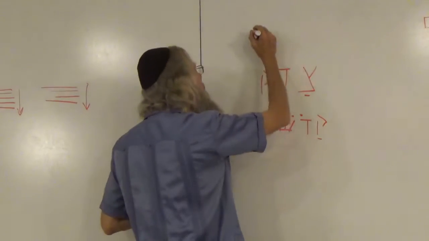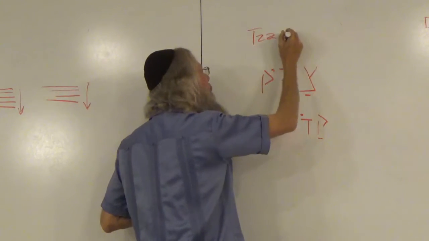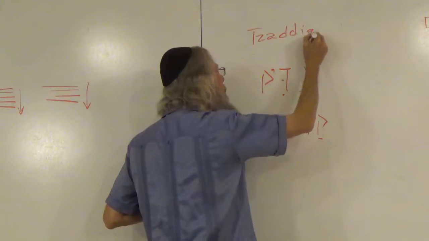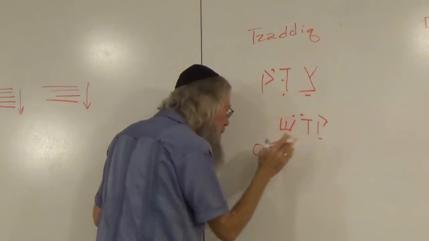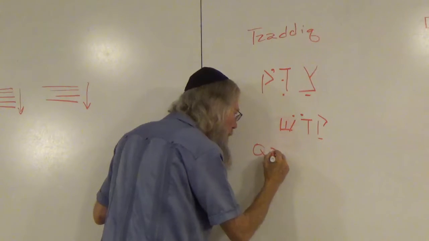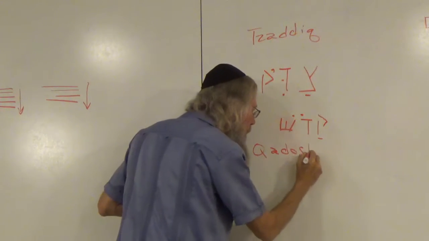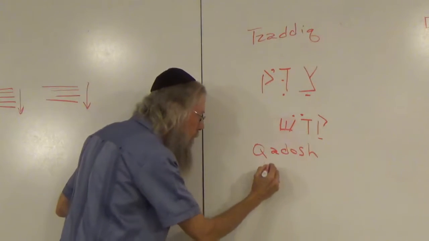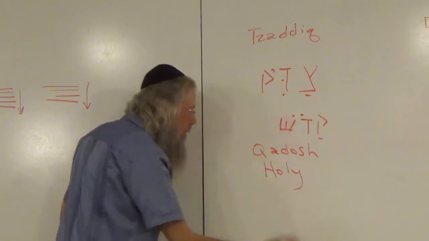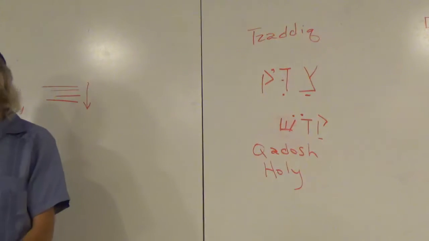Kadosh. This is tzaddik. This is usually spelled with a K, but because it's with a quph, we're going to give it the Q. Kadosh. Kadosh. What is kadosh? Holy.